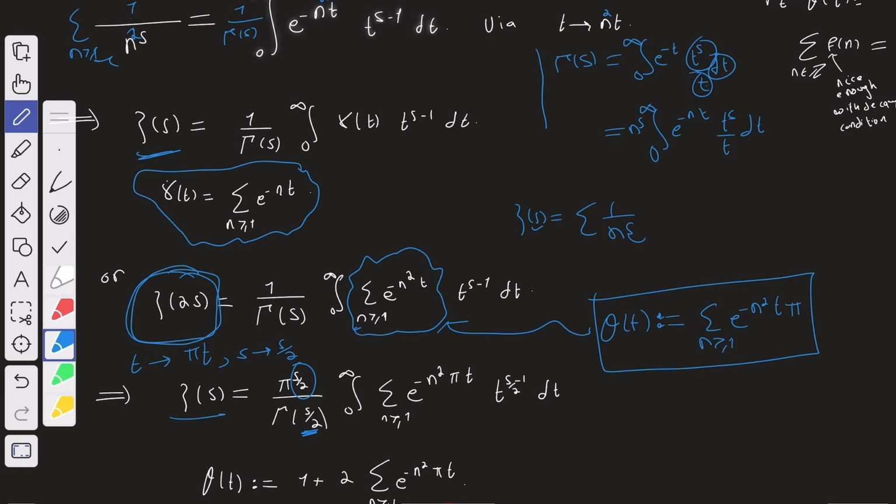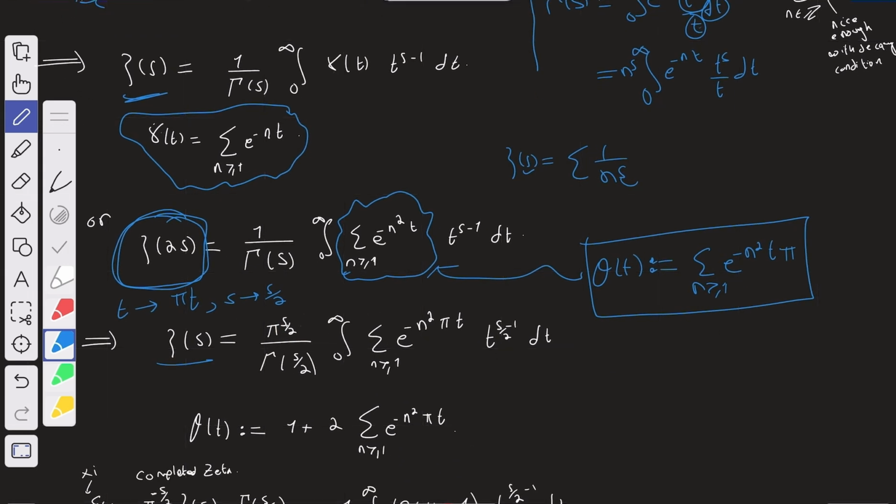So what I'm trying to say here is that you could just write zeta in terms of theta, and you know something about theta. It's easy to derive a functional equation of theta. It's not very easy, but it's relatively easier. So it's easy to derive a functional equation of the theta function, so one can use that to obtain a functional equation of the zeta function.